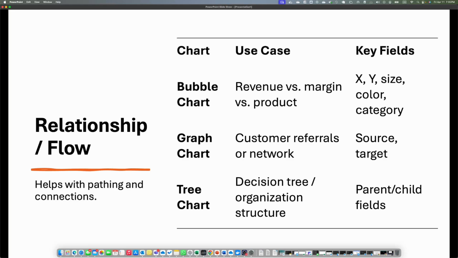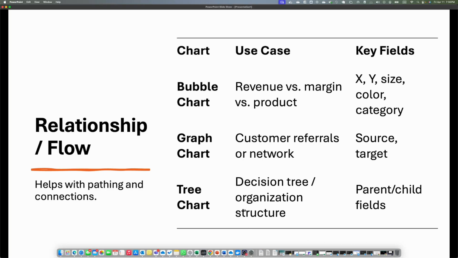And then finally in this category, the tree chart. A tree chart can be used for a decision tree, or for child and parent relationships. So hierarchy: parent-child fields and decision tree.